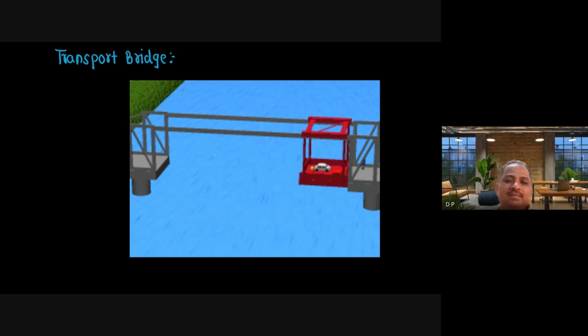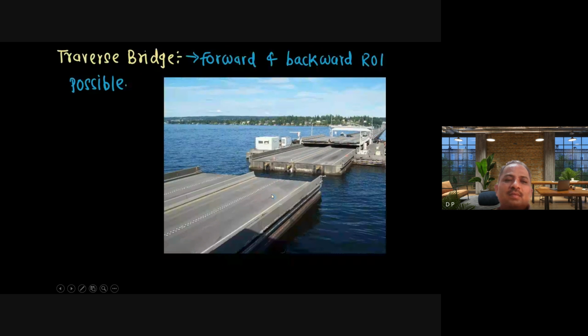Transporter bridge, you can see the movement of this particular trolley arrangement from one side to another side in the valleys or in the mountains. This particular type of bridge is used. Transverse bridge.